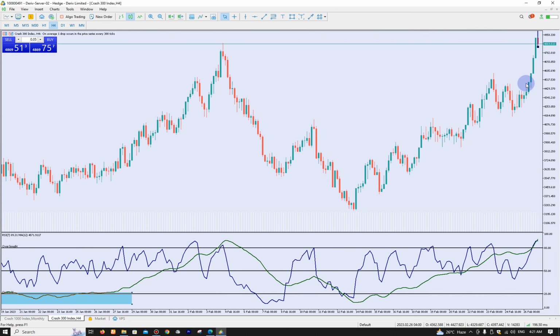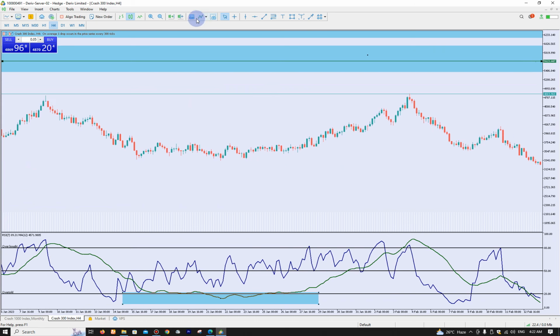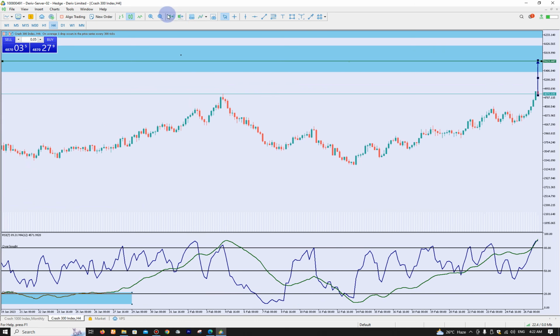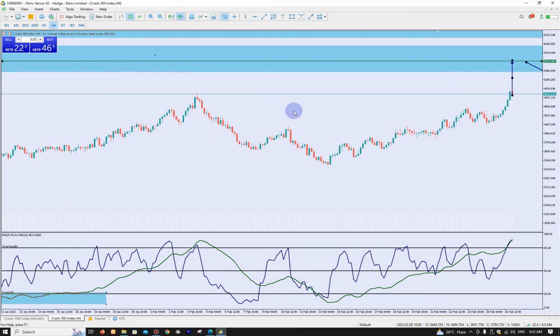We have price actually reacting. It will react a bit and continue pushing to the upside, to react to this and continue pushing to the upside. So we are looking at price doing a little pullback, then continuing up to this zone.